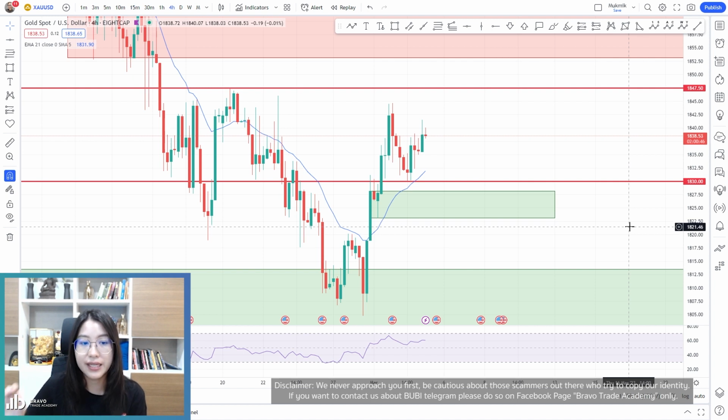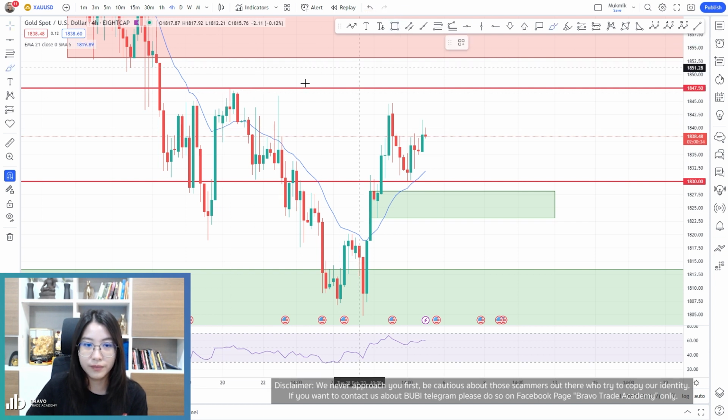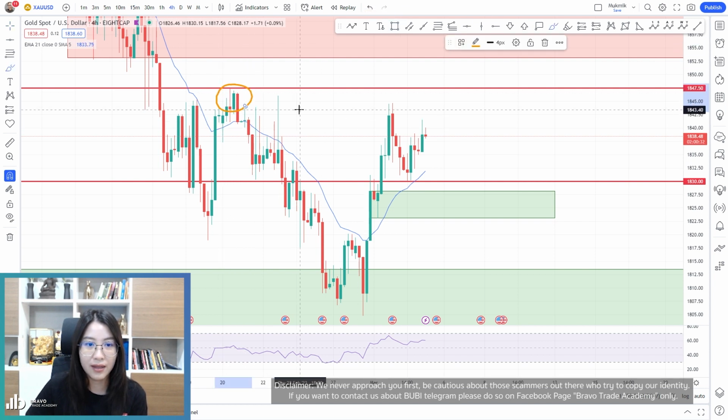What about the supply zone? I'll say in the 4 hours time frame, there's no strong supply zone available. They are pretty weak. This supply zone is weak, this one is weak as well, and this one is weak.